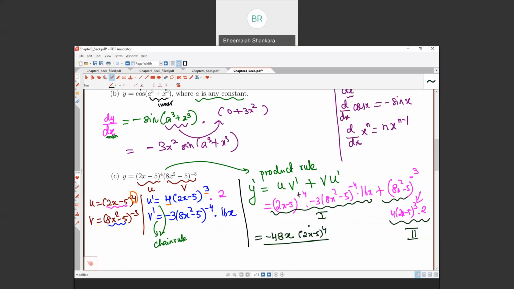Bring just the negative exponent to the denominator. (8x squared minus 5) to the negative 4 becomes positive 4. When it's positive 4, you don't have to mention its positive sign here, but just write 4. Then in the next term, you have a multiplying factor 4 times 2, which is 8. So write 8. (2x minus 5) is a positive exponent with a 3 right on the top. Just bring the negative exponent (8x squared minus 5) to the 3 to the bottom.